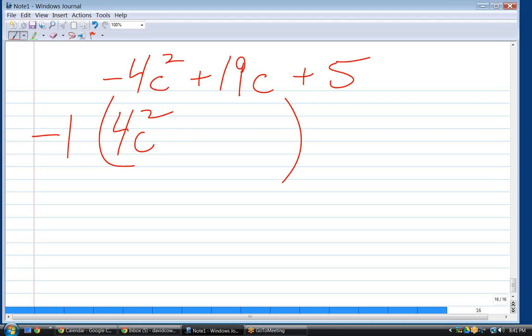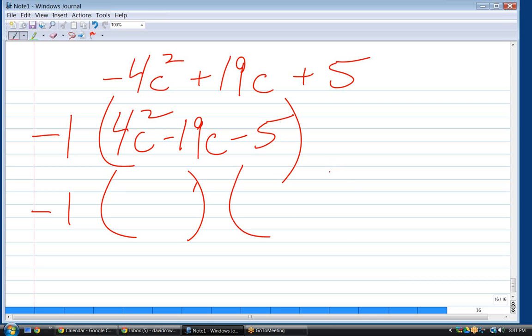So then it will be -19c and then -5. All right. Now we're in position to factor the quadratic. Okay. Where am I going to start? With doing either 4c and then 1c, or 2c and 2c. Normally I would start with 2c and 2c. But I can see that with +5 and -1, I'm never going to get up to 19.